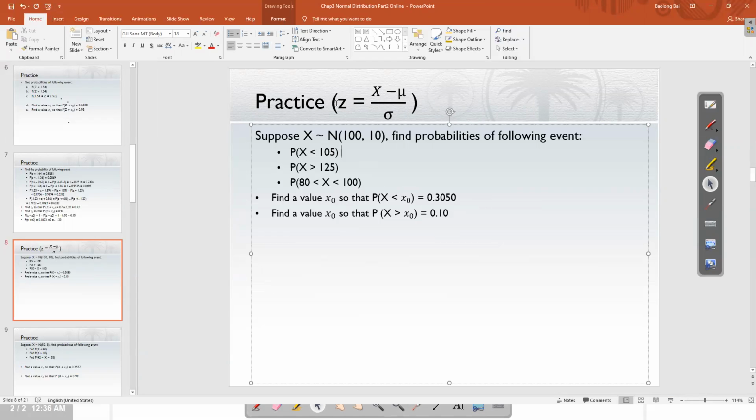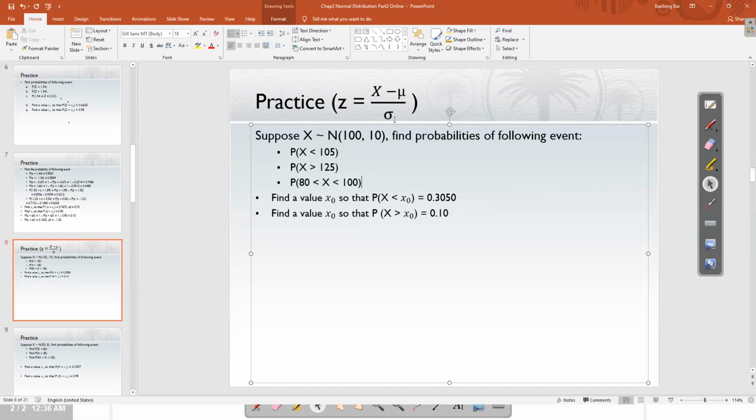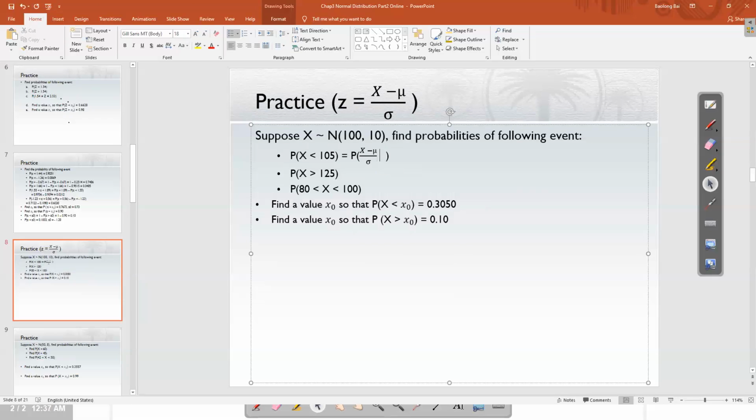So here we need to use the standardization formula, z equals x minus mu divided by sigma. And then we need to realize mu equals 100 and sigma equals 10. That's already given, right? So for this event, we're going to do a standardization. For the event in the middle, for both sides, we apply the function: subtract the mu, then divide by the standard deviation.